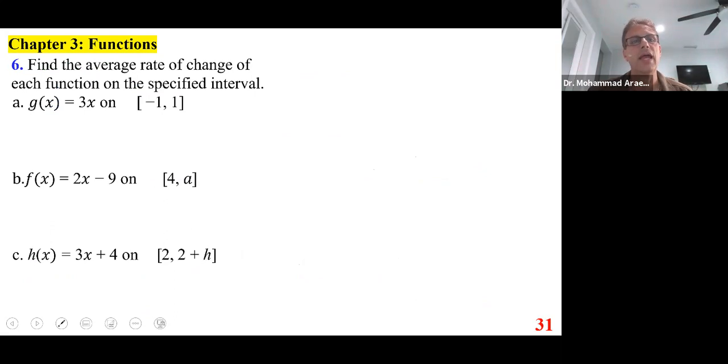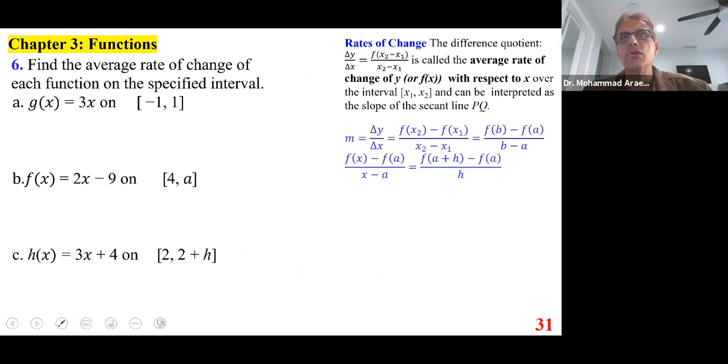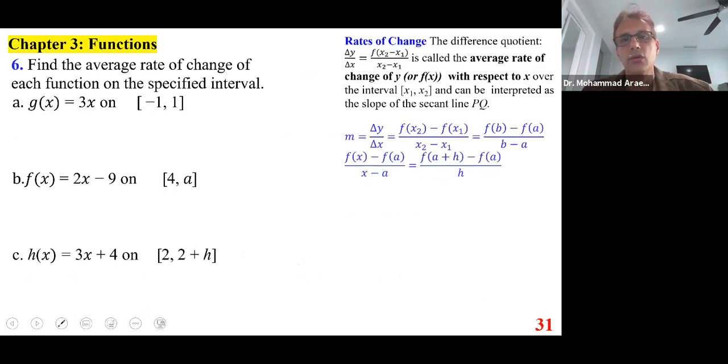We want to find the average rate of change of each function in the given interval. Again, reminding you of the same thing, rise over run. F of x sub 2 minus f of x sub 1 over x sub 2 minus x sub 1. So just plug in, okay? So we are going to go from negative 1 to 1. Please understand this is not a pair.